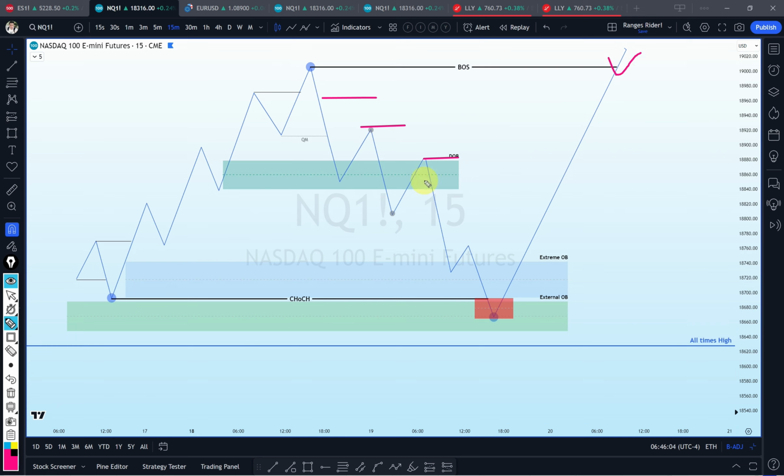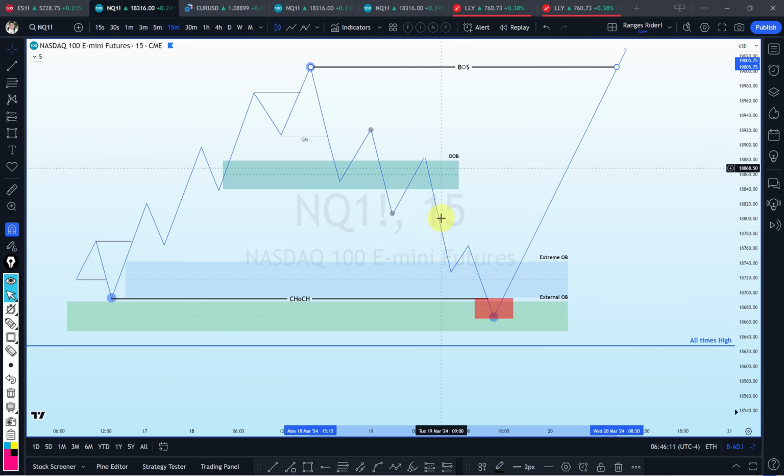But technically this is not the breakup structure this time. This time we call this one a change of character. So the market basically did the change of character here, and then the change of character on this side. And once we get the QM, we are again bullish. And next time it will be the breakup structure.